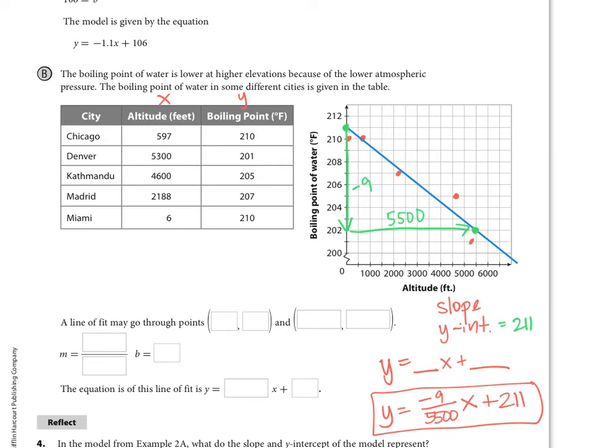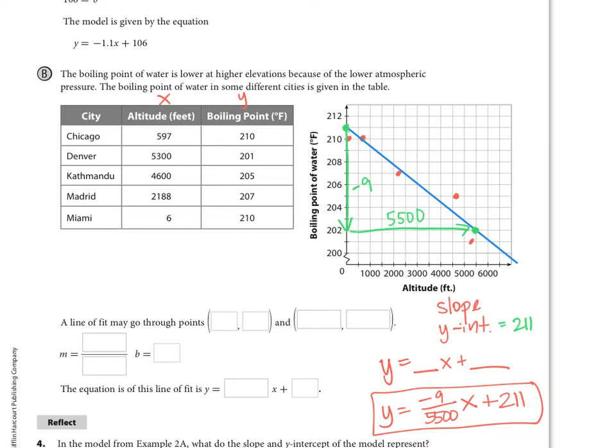You're going to get some pretty ugly numbers, especially the slope, when you're dealing with graphs like this with really big numbers. But that's okay, because the line of fit is only supposed to be a very general estimation of what this trend looks like. And this is going to help us make predictions.